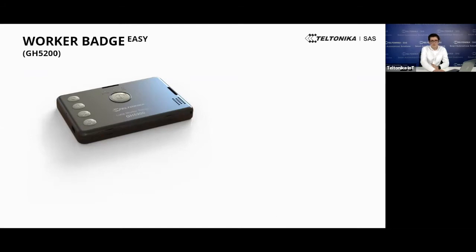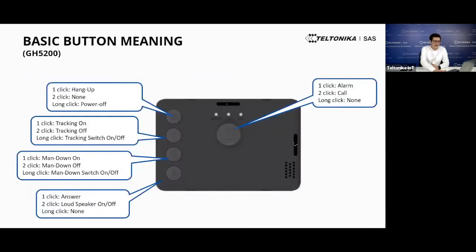Yes, so further on, what we have is basic button meaning, where you can have it as a hang up, tracking on, tracking off, man down off, answer, loudspeaker on off, alarm button, right?